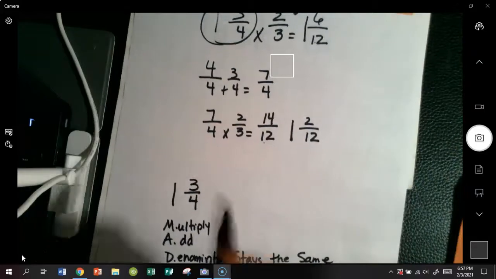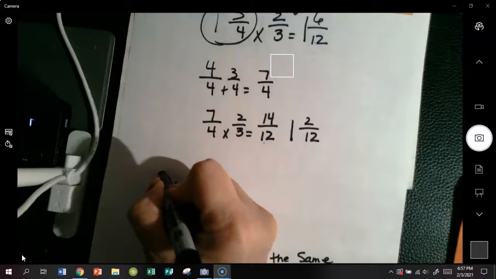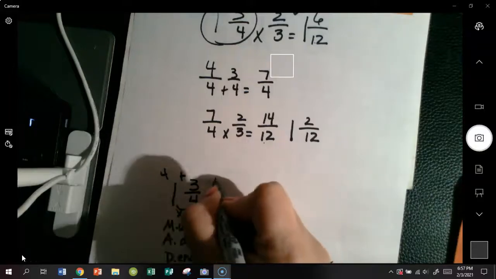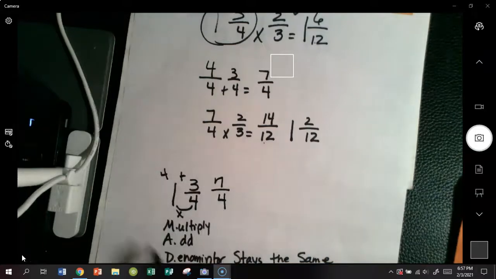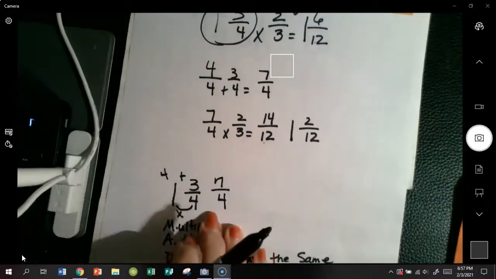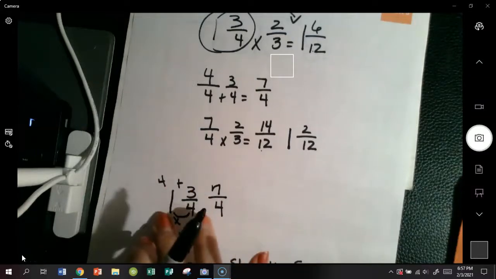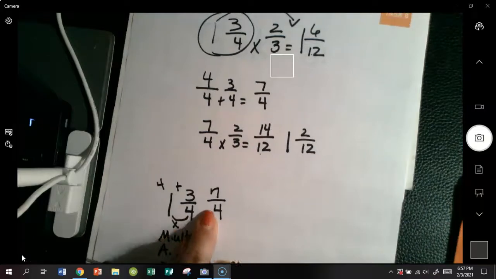So if you're going to make it MAD, you're going to go this way and multiply and say 1 times 4 is 4. Then you're going to add, and 4 plus 3 is 7, and then the denominator stays the same. So that's another method that you can use when working with mixed numbers to make sure that you have a fractional amount and that you have taken care of turning the whole number into a fraction equivalent.